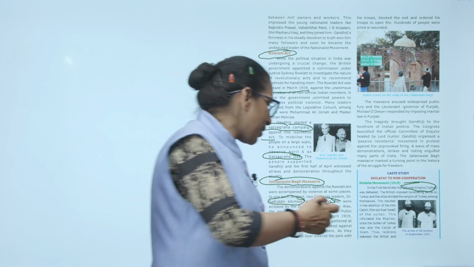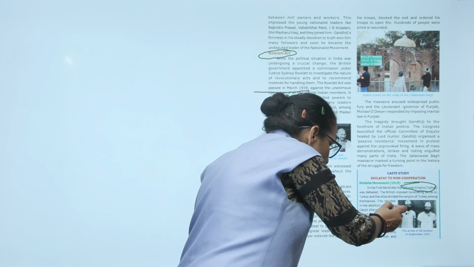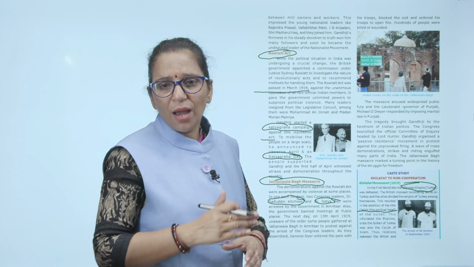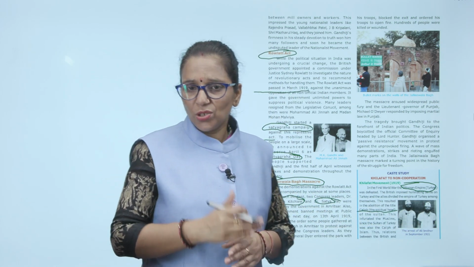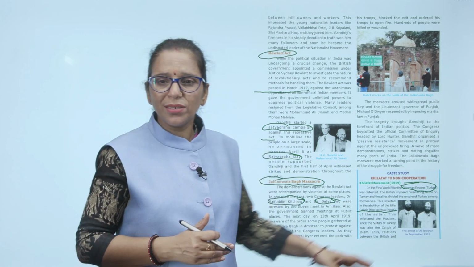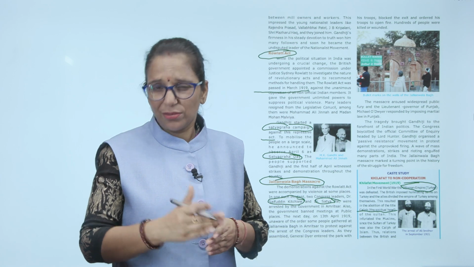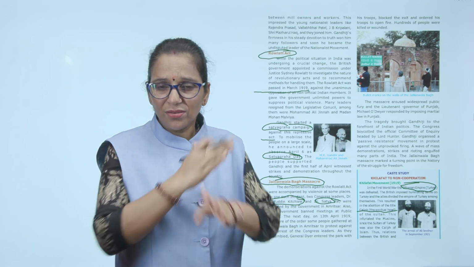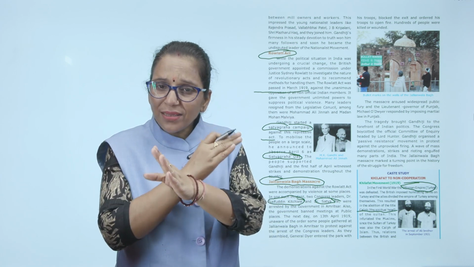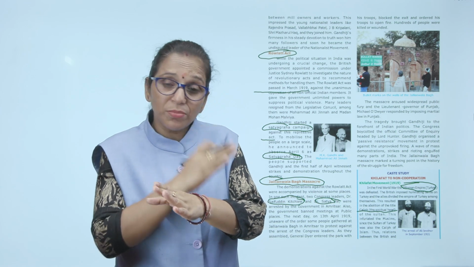And the rumor spread that something wrong had been done by the Britishers to the Sultan of the Ottoman Empire. So the relation between the British and the Islamic people, Muslims, was strained. It means there was resistance by the Islamic people against the Britishers.